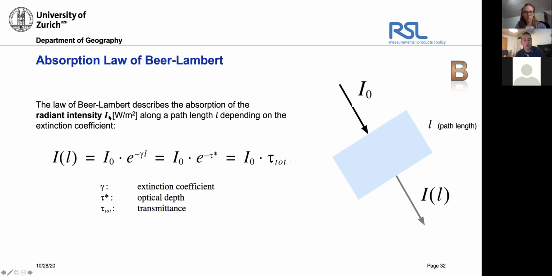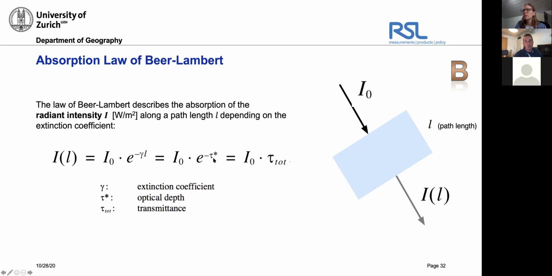Intensity is just more generic than irradiance. So you start with the initial radiation, which goes through a certain length and is absorbed according to the so-called extinction coefficient. The extinction coefficient is given per meter, so how much is absorbed per meter, and you multiply it with the length, then you get the so-called optical depth, tau asterisk.